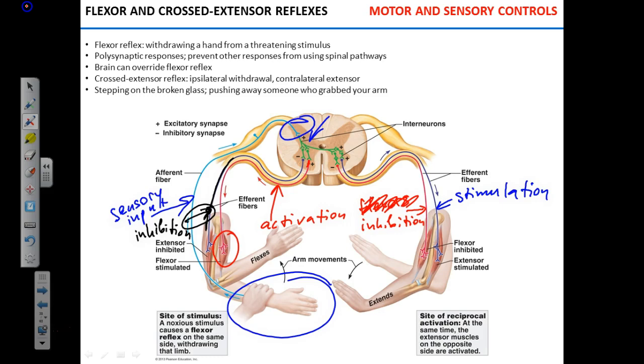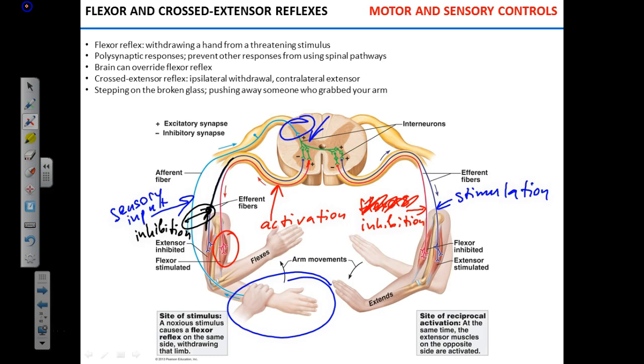Now, can you remind me what ipsilateral and contralateral are? Ipsilateral, same side. Contralateral, opposite side. So my left limbs are ipsilateral, my right limbs are contralateral. Does that make sense? Now let's spell out the activation and inhibition in this case.